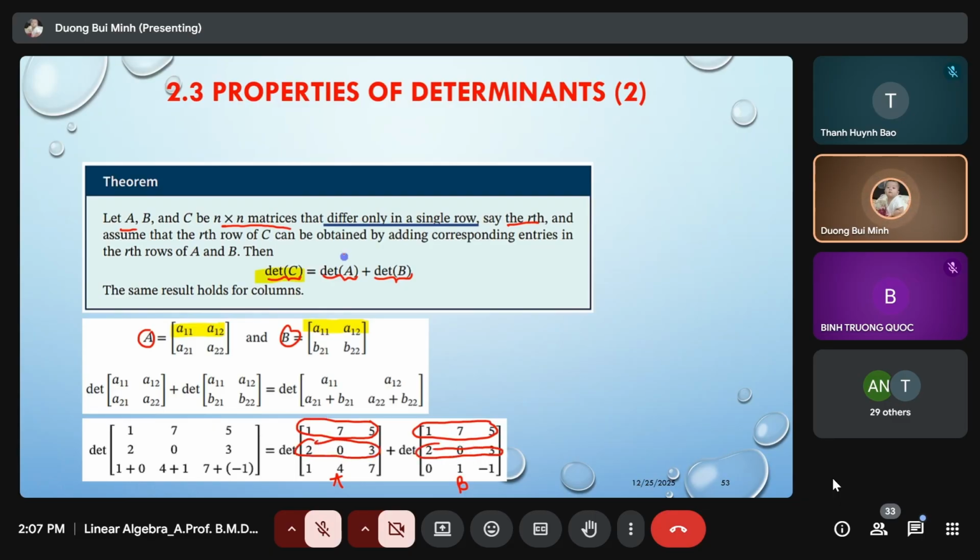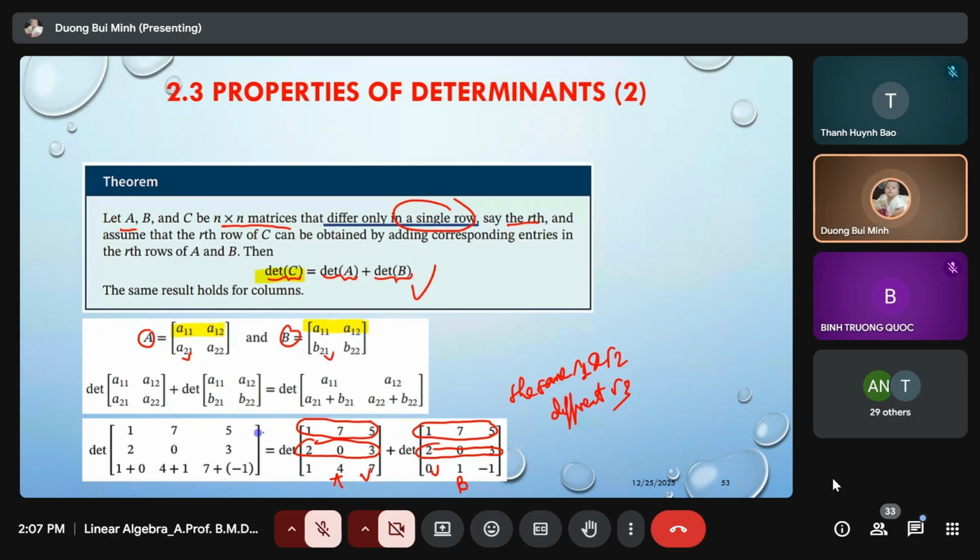We only have a single row that is different. We have the same R1 and R2, and a different R3. So we can apply these properties.